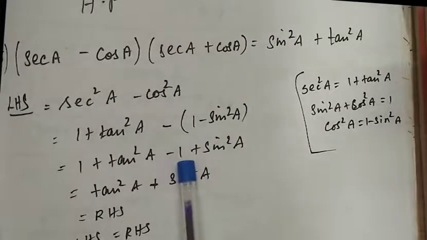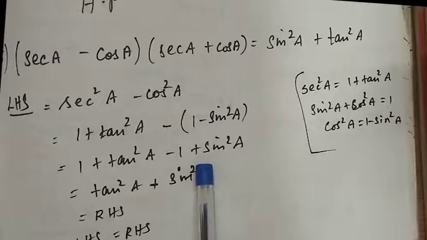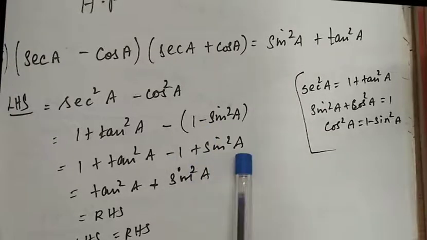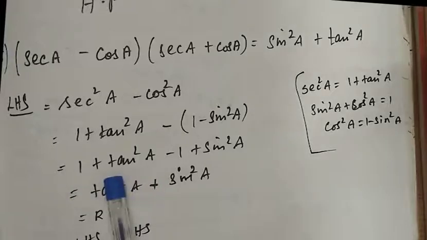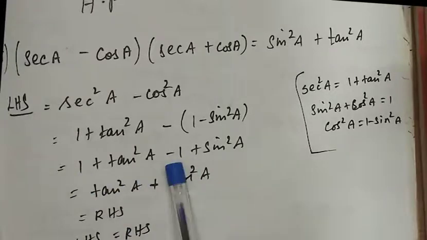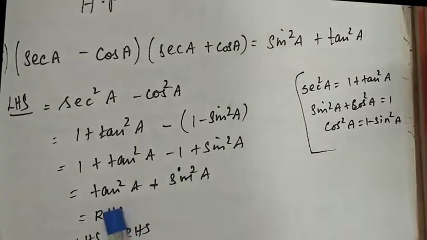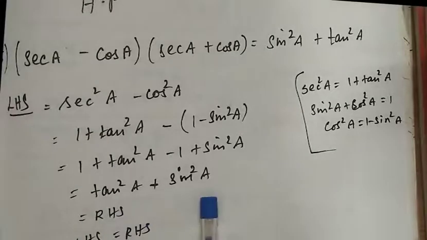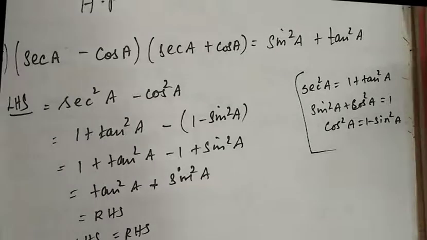So minus 1. And minus into minus, plus. So plus sin squared A. Now you will get 1 plus tan squared A minus 1 plus sin squared A. Plus 1 and minus 1 get cancelled. You will get tan squared A plus sin squared A, that is RHS, hence prove. Clear?